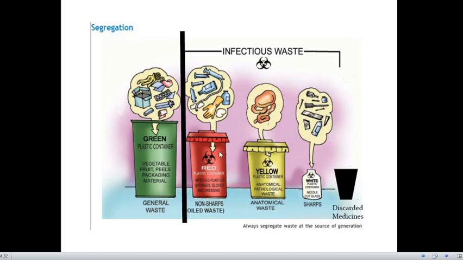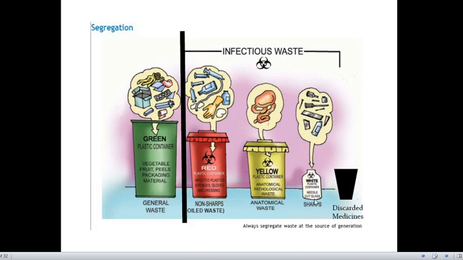And for the red bin, we will include all non-sharps and oil waste that includes infected plastics, syringes, gloves and dressings. And in the yellow bin, we will put anatomical waste that includes anatomical and pathological waste. So this all will be put here.